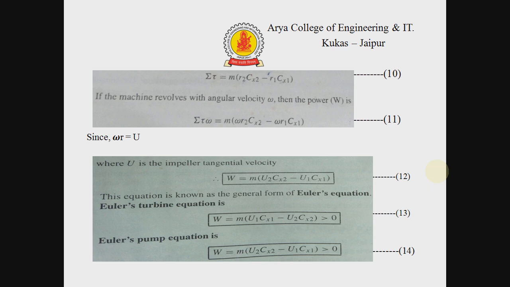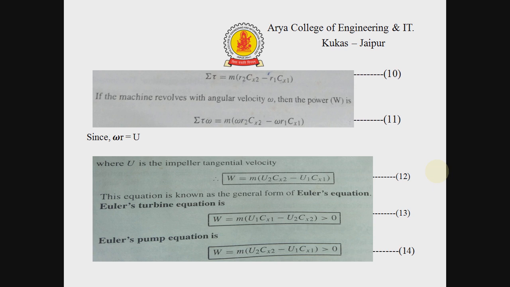cx1). If the machine revolves with an angular velocity omega, then power, that means work done per second, is developed by tau into omega, which is equal to m omega r2 cx2 minus m omega r1 cx1, as shown by equation number 11. But we know that angular velocity can be converted into linear velocity, that is omega r is equal to u.